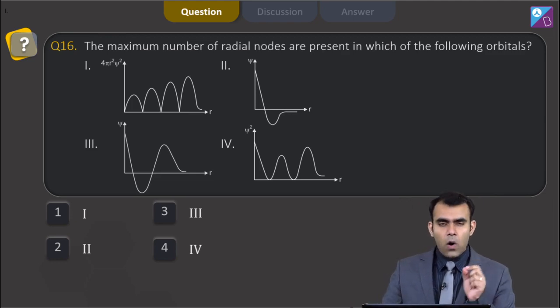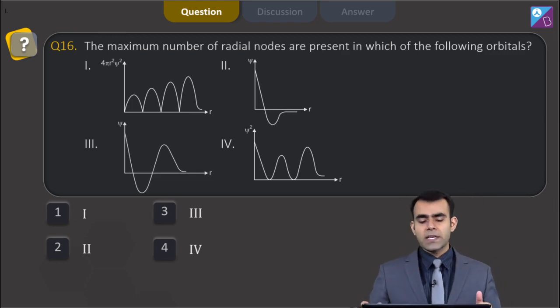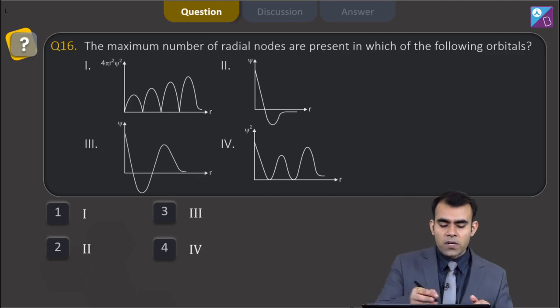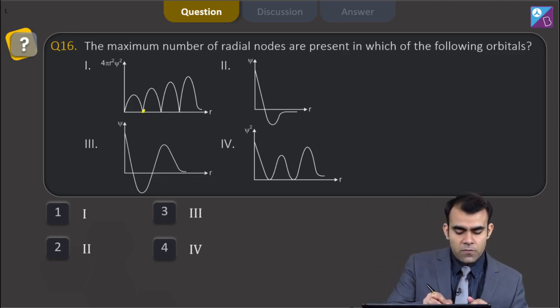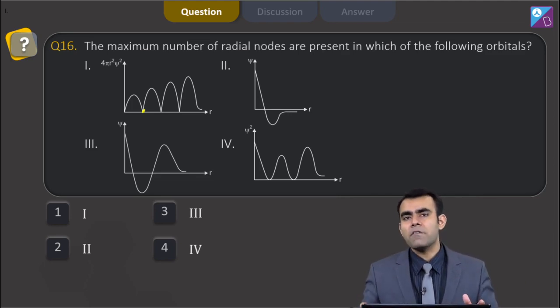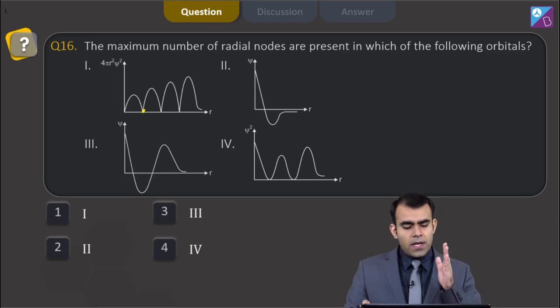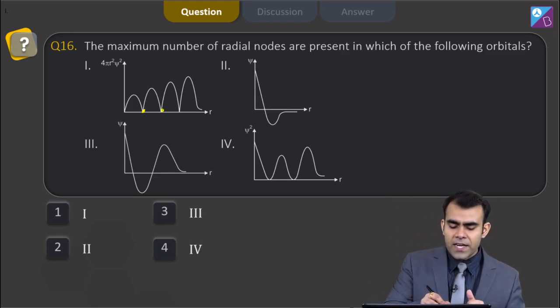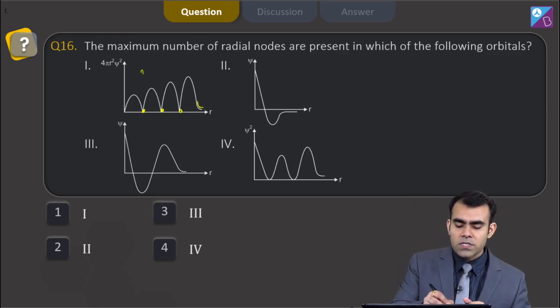Now in all these cases there is one common thing, that the points at which it becomes 0 from the start basically reflects the number of radial nodes, because these graphs are for my radial functions. So these points basically represent the radial nodes, and here it is not touching, so we do not get a node here, but we are getting 3 radial nodes from here, 3 radial nodes.